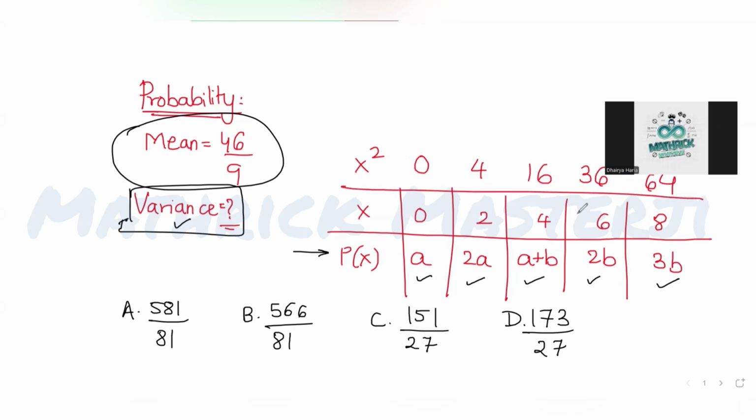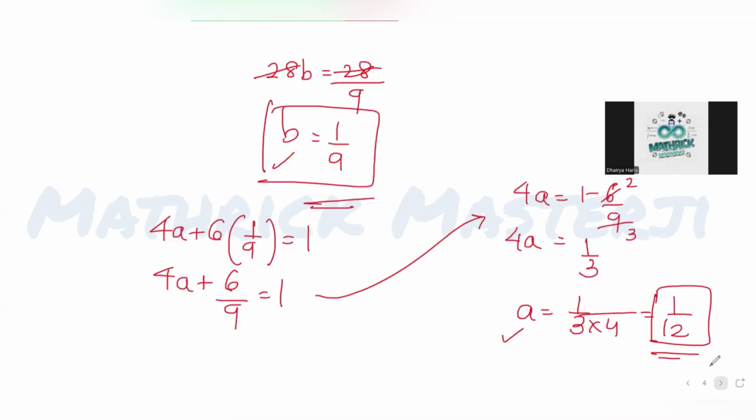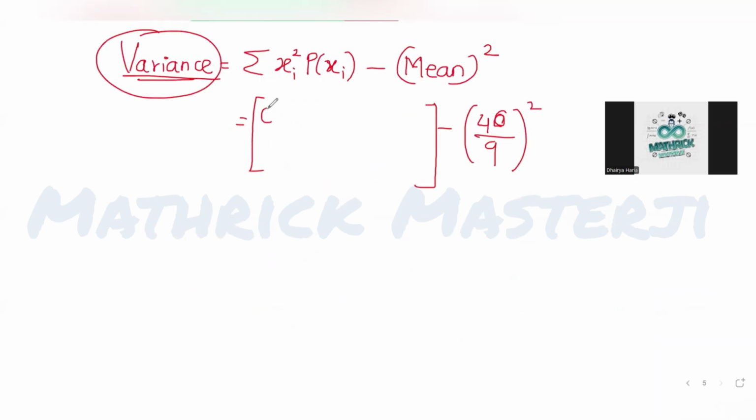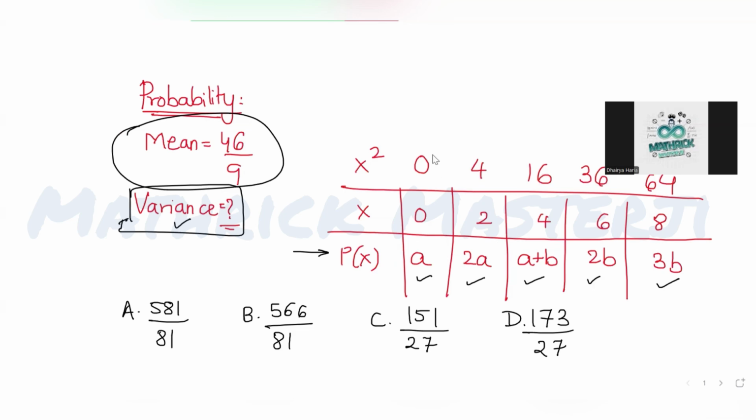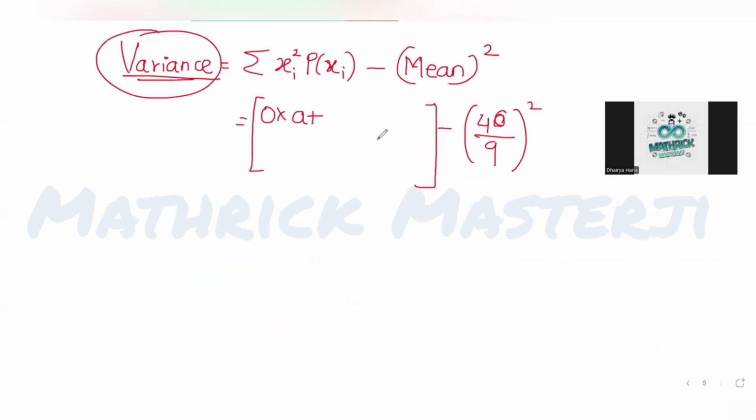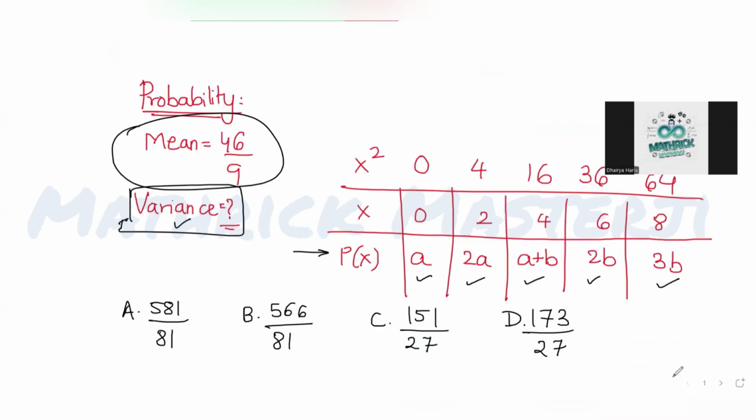If I multiply each of them, I get 0 times a, plus 4 times 2a, 16 times a plus b, plus 36 times 2b, and the last one was 8, so 64 times 3b.